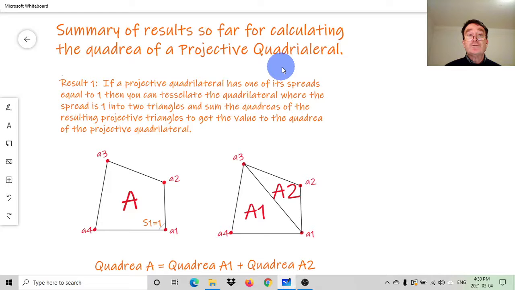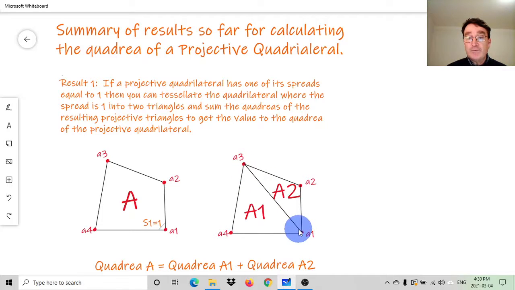So result 1 says that if you have a quadrilateral A1, A2, A3, A4 that has one of the spreads equal to 1, then you tessellate the quadrilateral at the point where the spread is equal to 1, by adding this line.